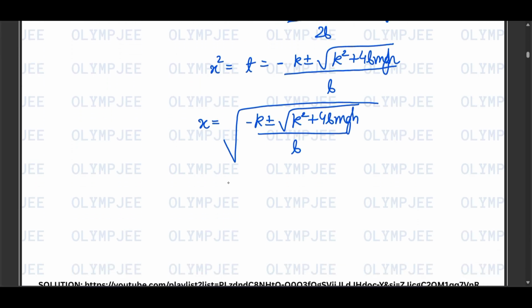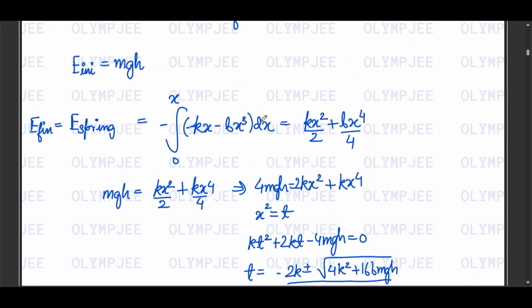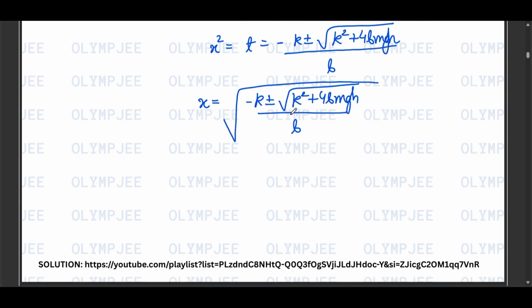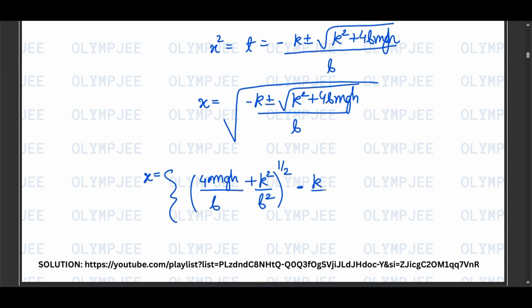Now to write it in the form which is given in the question, I will take this k inside the square root, so it will become x is equal to 4mgh by k square, so k by k square is 1 by k in the denominator, and this will be k square by k square, whole raised to power half, minus k by k, raised to the power half.